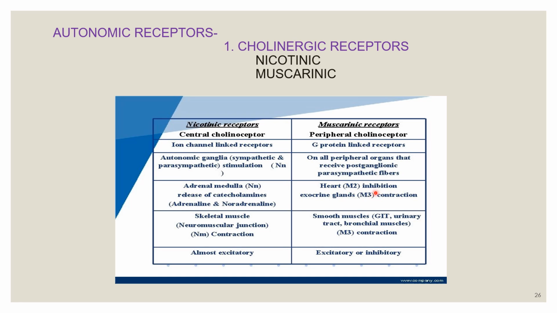They will cause inhibition of the heart. And M3 present on the exocrine glands will cause contraction of the exocrine glands. They are also present on the smooth muscles of the GIT, urinary tract and bronchial muscles. M3 types will also cause contraction of the smooth muscles. And they may be excitatory or inhibitory in nature.